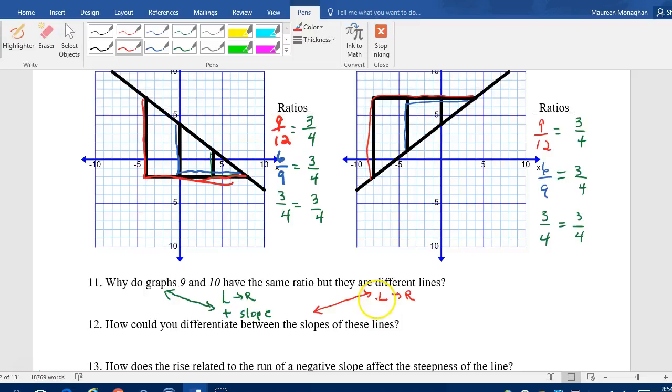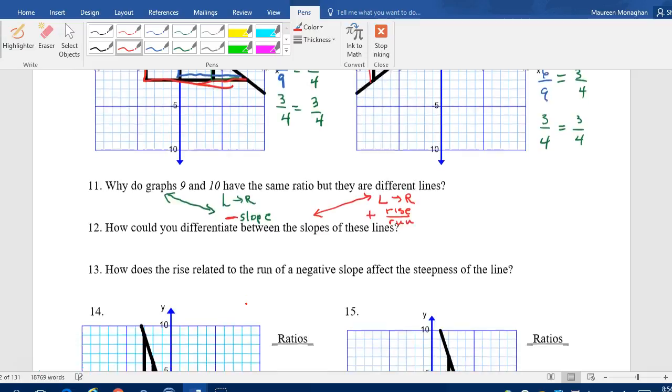If it's going uphill, oh, I did that backwards, my bad. That should be negative. Silly me. It's a negative slope. That's going downhill. And then if you're going uphill, you're going to have a positive rise over run. So rise over run and slope are the same thing. How can we differentiate? Well, just know that if it's going downhill, make sure it's a negative slope.